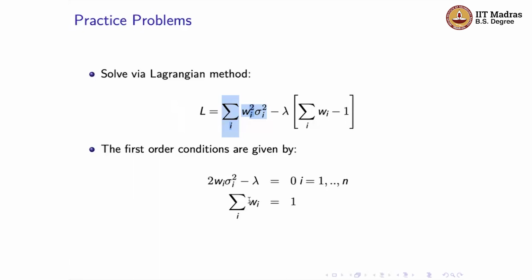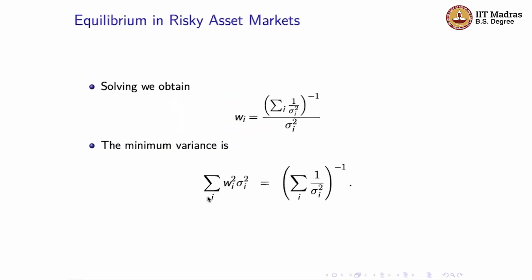Once we have solved for lambda, we can put that value back in, and on the right hand side we'll have all parameters, and here we'll have 2 Wi sigma i squared. Again, we can solve for the Wi's, and if you go ahead and do those calculations, you will find that this is the value of the Wi that you get. Notice this is in terms of the parameters of the problem, the sigma i squareds.